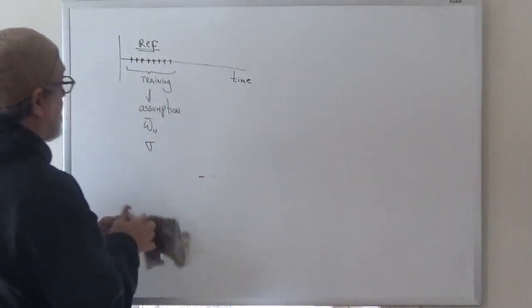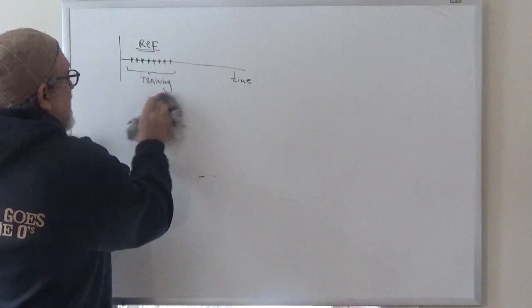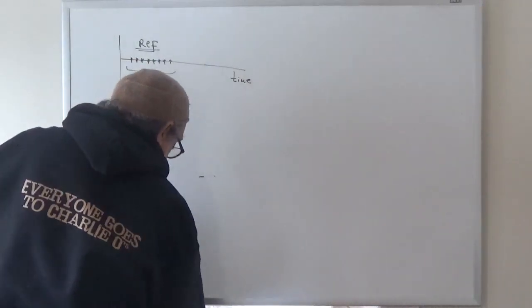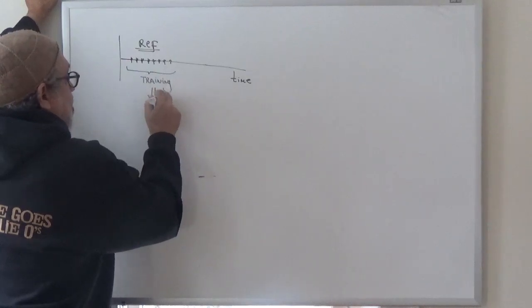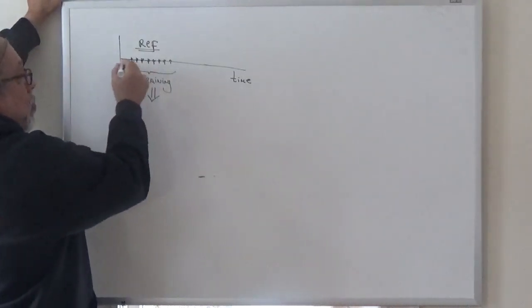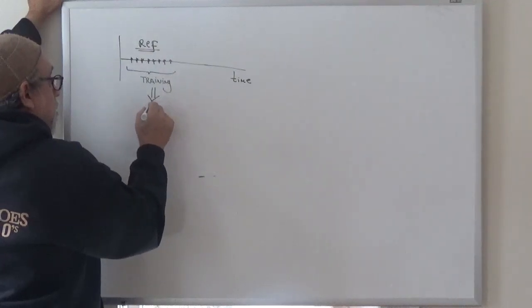Let's be more precise. From the training data, no matter what the distribution, this is the way I should say it, we can always take whatever data we have and we can calculate the mean, right?